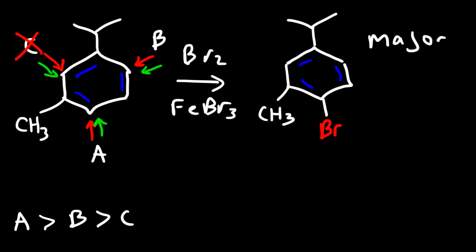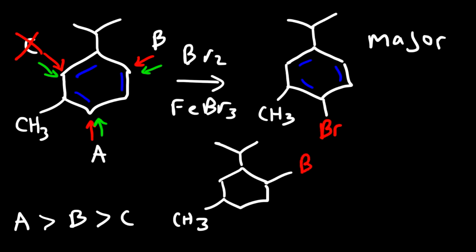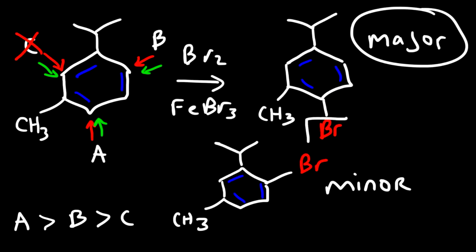And then the minor product, where the bromine atom is at position B. And so these are going to be the two main products in this reaction. But this is the major product because the bromine atom approached the ring at the most accessible position.